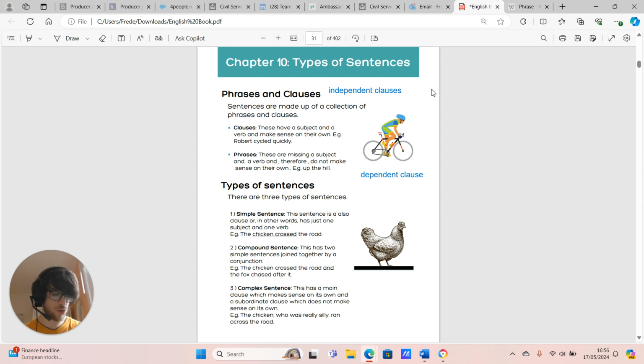And you get dependent clauses that haven't got enough information on their own to make sense. And you need the independent clause before it to help the dependent clause make sense. We might say that a dependent clause we can also call a phrase, right?